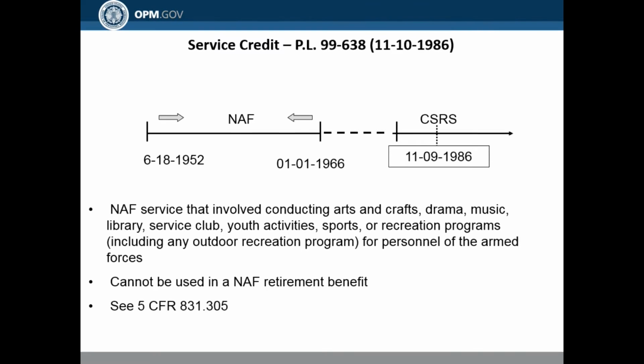Okay, it had to have occurred after 6/10/1952 and prior to 1/1/66. It cannot be used in a NAF retirement benefit, and the CFR reference 831.305 is right here, and the person is covered under CSRS as of 11/9/56.